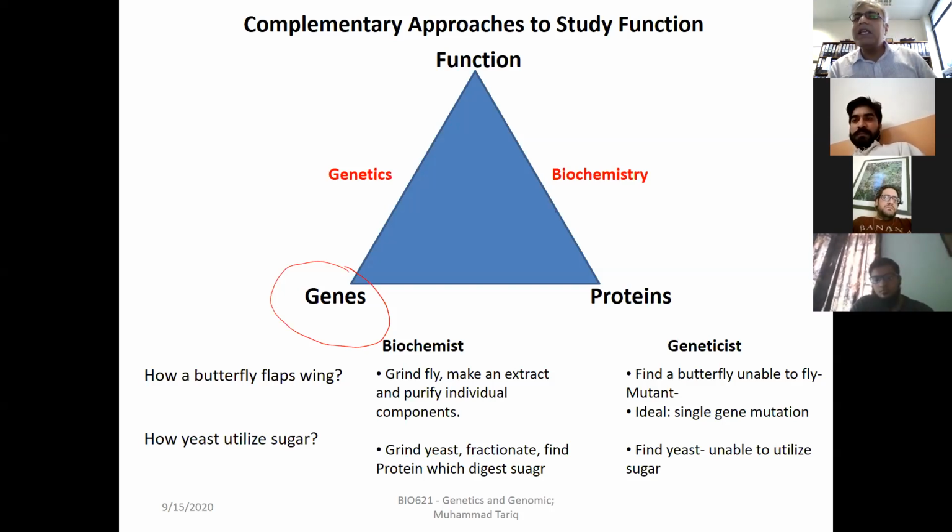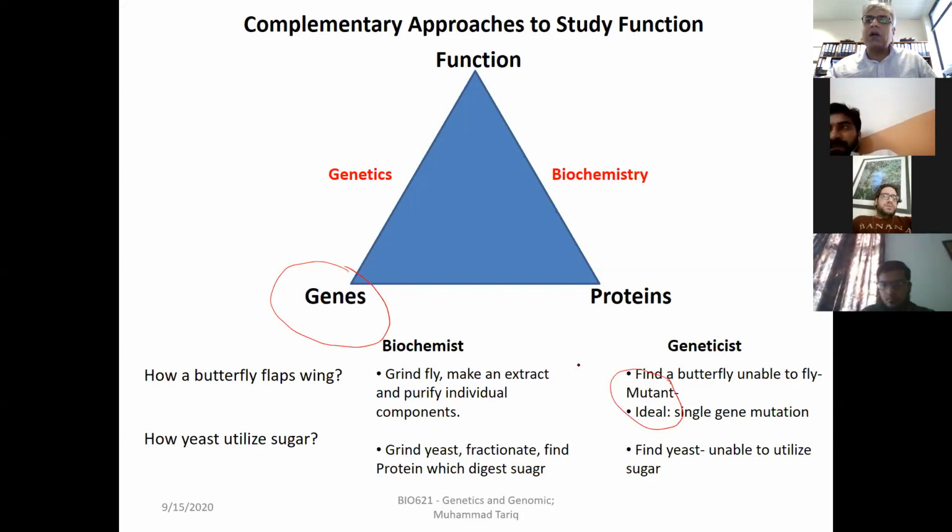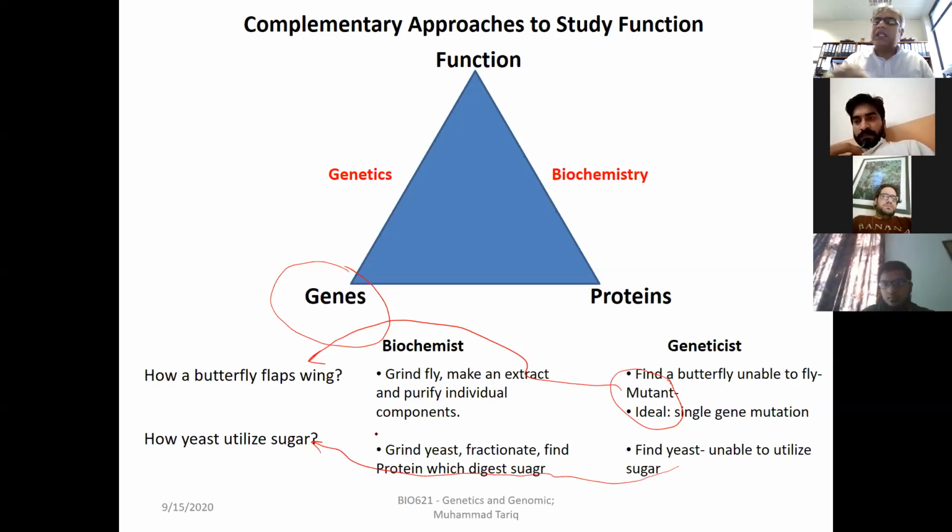So you have created a mutant carrying some mutation in a gene which is responsible for utilization of sugar, or sugar metabolism. This mutant fly is normal, but has a defect in the wing. This yeast is otherwise normal, but this mutant yeast is not able to utilize sugar. That's what we do in genetics, or functional genomics as well.